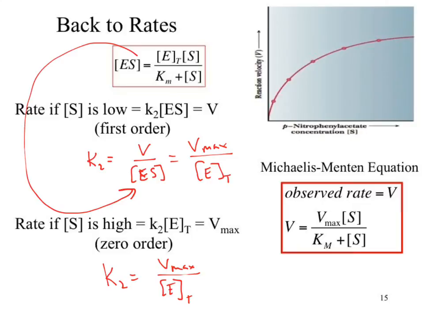So what Michaelis and Menten were trying to do was change their interpretation of the data so that they could get it into a linear expression. If we take a look at this Michaelis-Menten equation, do you see a linear relationship? I'm going to guess no. It's okay. I don't see a linear relationship there either.